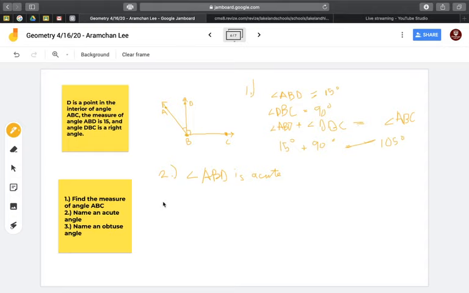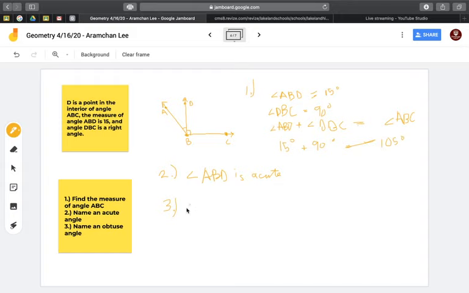For part 3, it asks us to name an obtuse angle. So we must find an angle that is greater than 90 degrees, but less than 180 degrees. So we know that angle ABC, which we solved for in part 1, is 105 degrees.